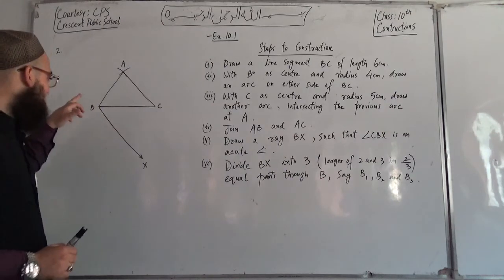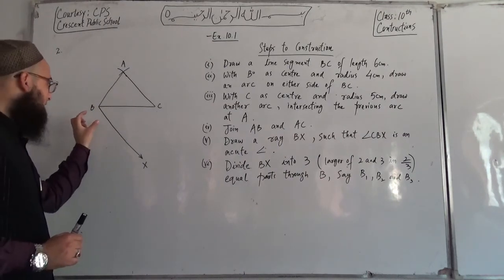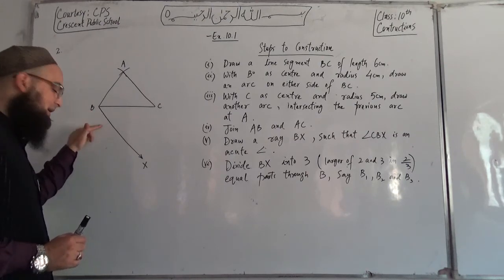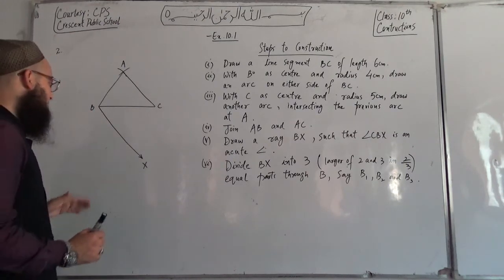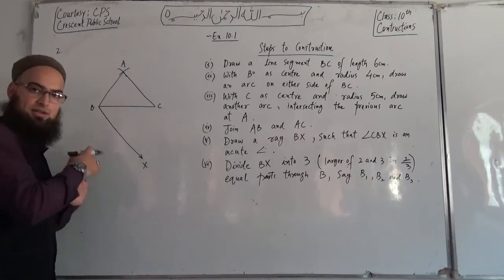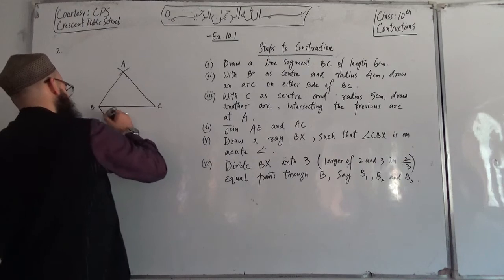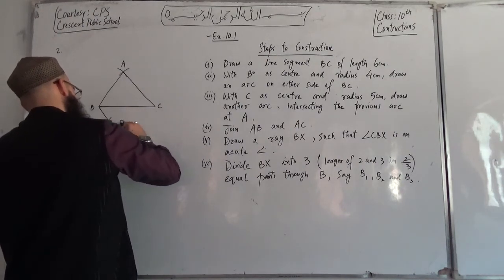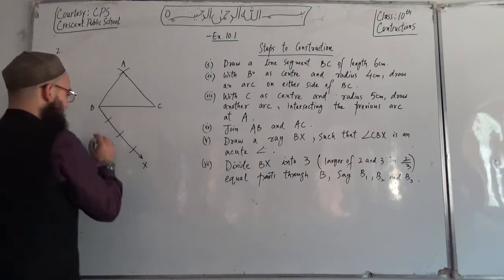How would you do that? With B as center and any convenient radius, draw an arc intersecting Bx at B1, then with B1 as center, with the same radius, draw another arc intersecting Bx at B2, then B2 as center, and so on. So we have 1, 2, and 3.